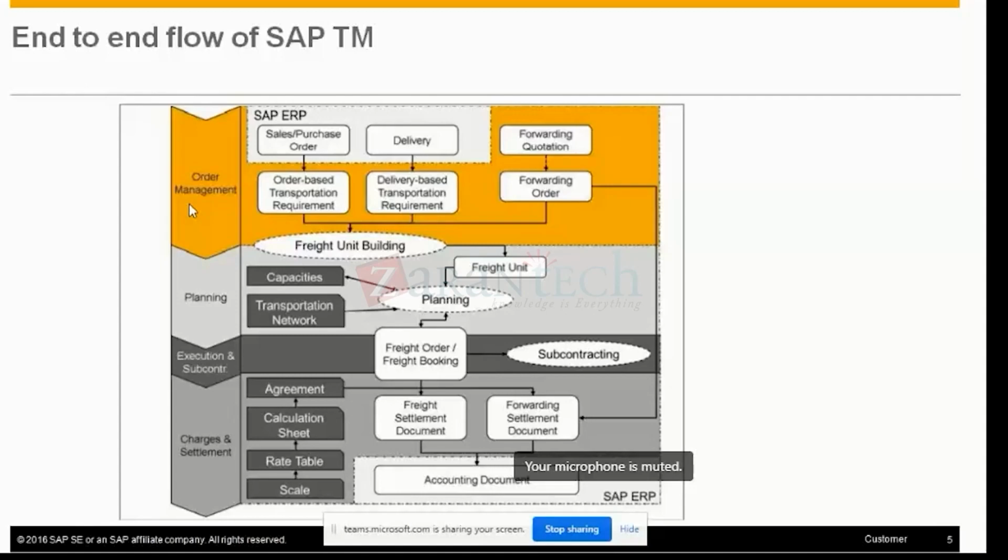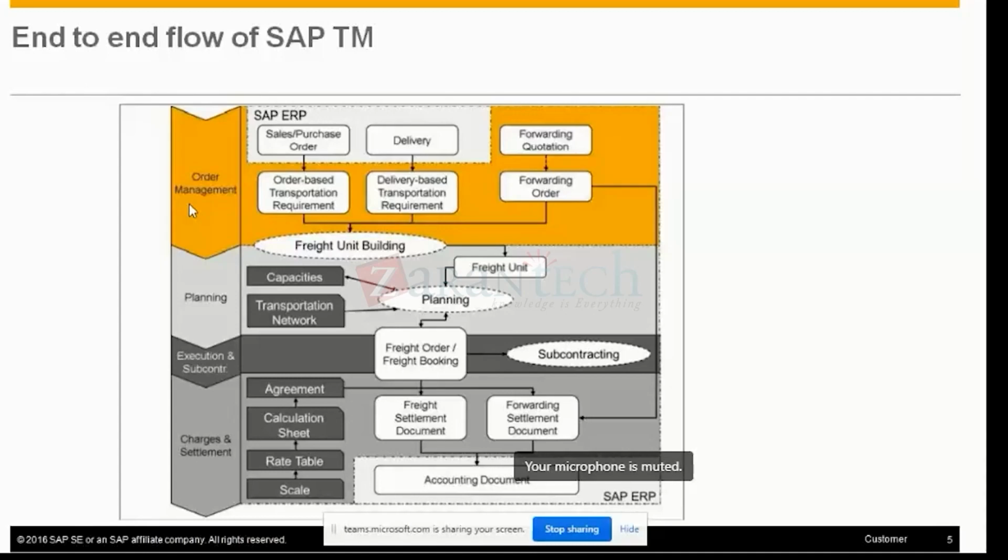You need to have some activation criteria based on which my transport management system will know that this order or this delivery needs to be integrated. Every time an order or delivery is created in ECC, a transportation demand or a transportation requirement is generated in the transportation management system. And that is what we call order management.